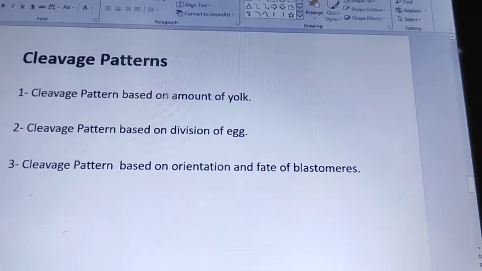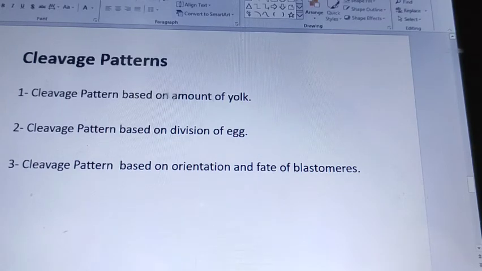Second, we have cleavage pattern based on division of the egg. There are two types of cleavages. Number one, holoblastic, and number two, meroblastic. Cleavage that completely divides an egg is called holoblastic.